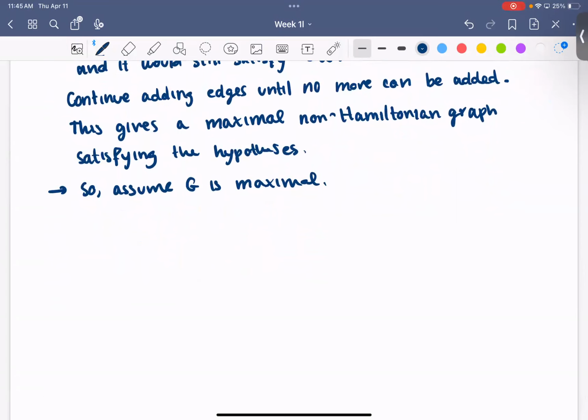So let's consider two non-adjacent vertices in G. Let U and V be non-adjacent vertices in G. Then the maximality of G implies that G has a spanning path from one to the other.